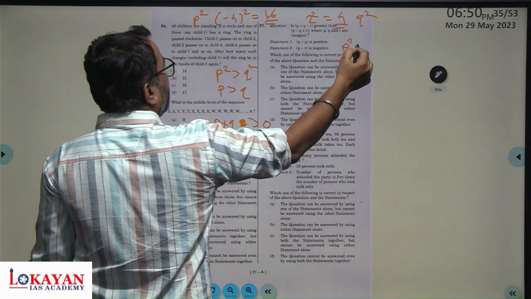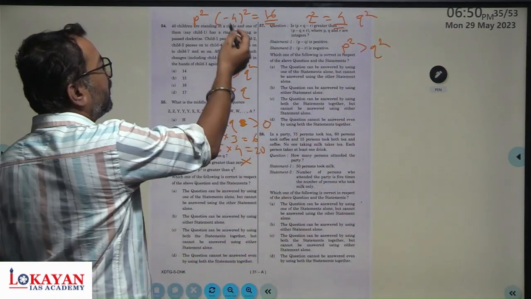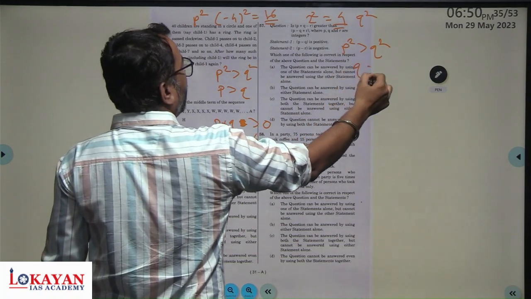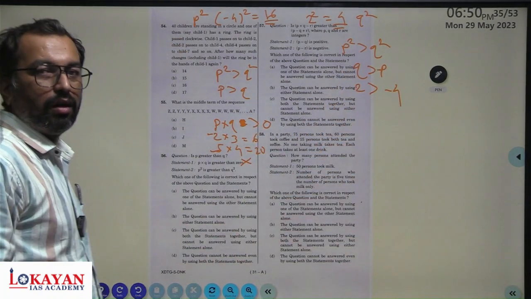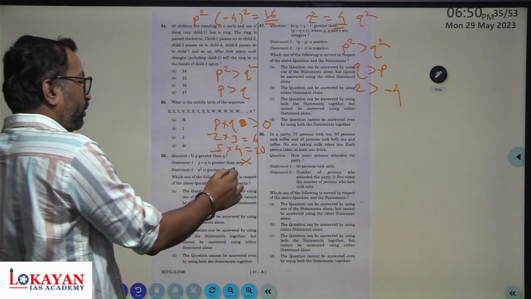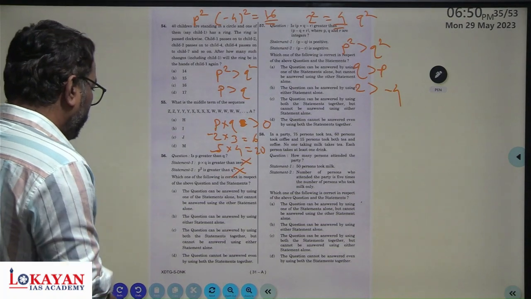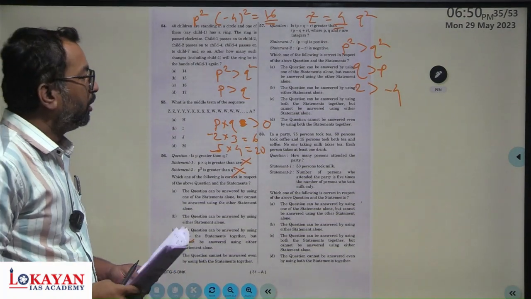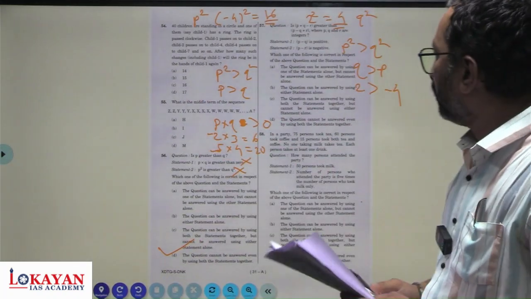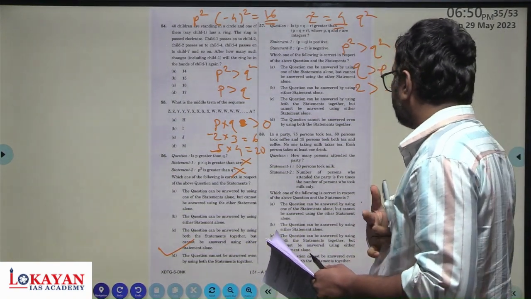Here P square is greater than Q square, right? But does that mean P is greater than Q? No. Q is greater than P because Q is 2, P is minus 4. So second statement also does not give me any answer. So the question cannot be answered even by using both the statements. Option number D. Both the statements are not enough to give me the answer whether P is greater than Q or not.